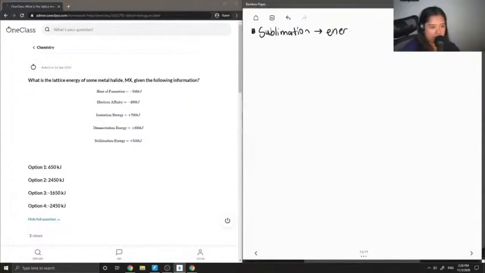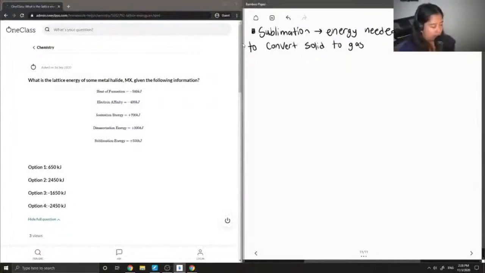It's the energy needed to convert solid to gas. I remember it as they both start with S, like solid and sublimation. In our case, it's when we have our pure metal solid and we are converting it to a gas.